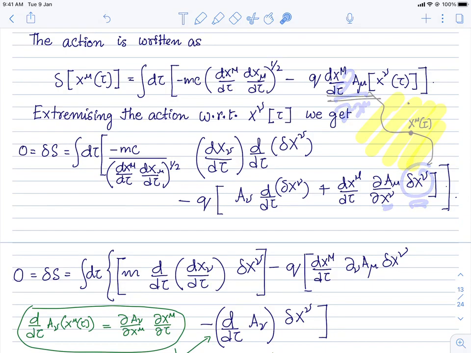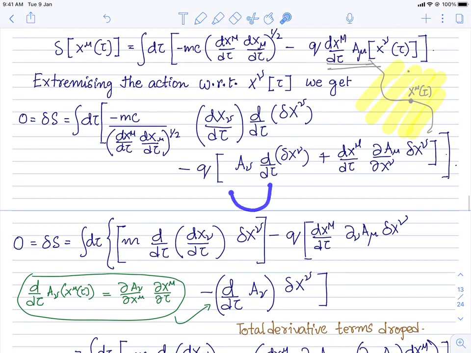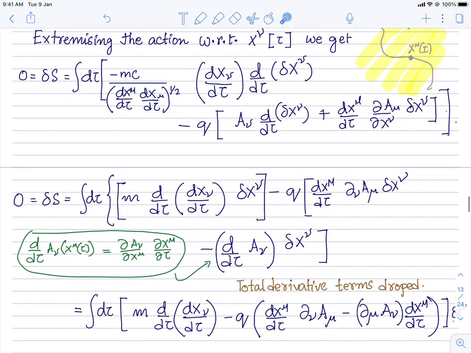This is how you differentiate it. This object is nothing but del_mu A_mu. Very good. But now here there's a tau derivative and there's a variation inside, so you have to play that same game. You have to write down a total derivative: you take the tau derivative and put it outside. So you have to write down a term like... right. So let's see.